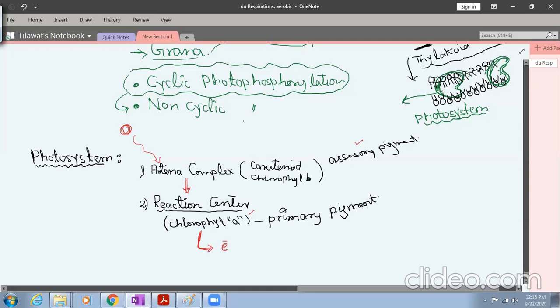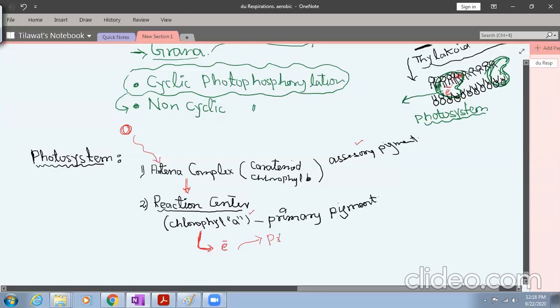Am I clear? Now, when this electron is released from chlorophyll A, within the membrane there are different proteins. The first protein that receives it is called the primary electron acceptor.